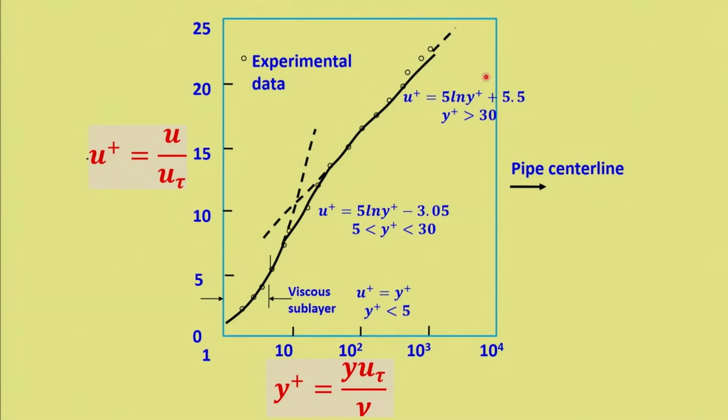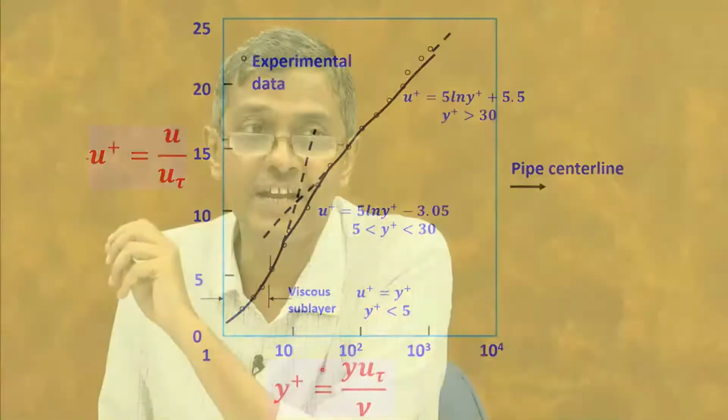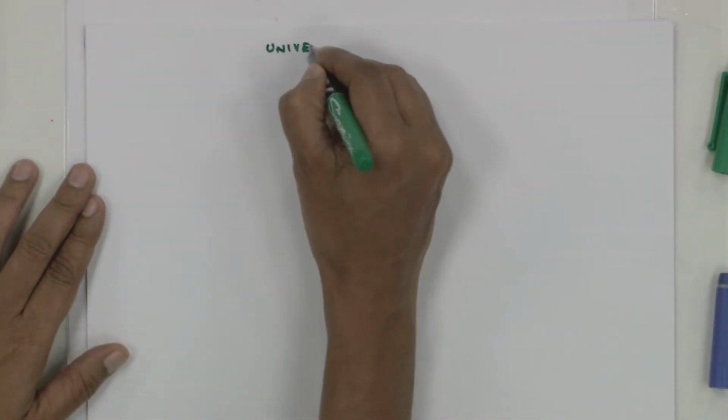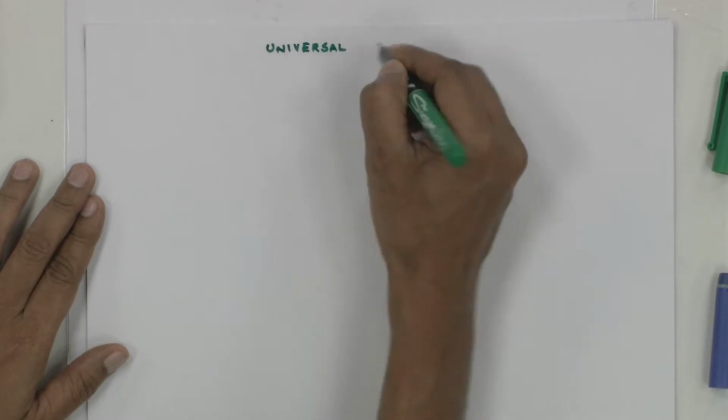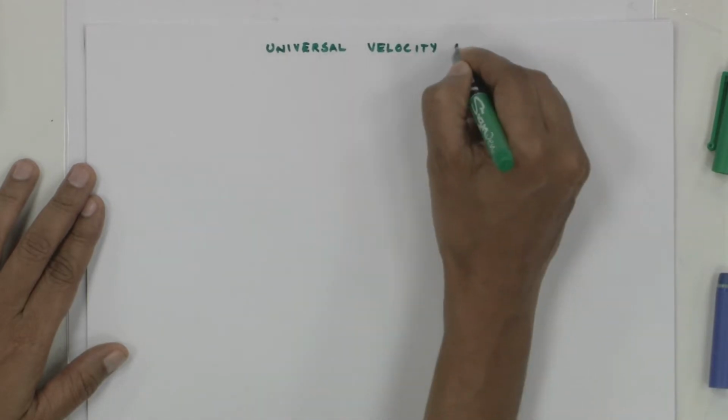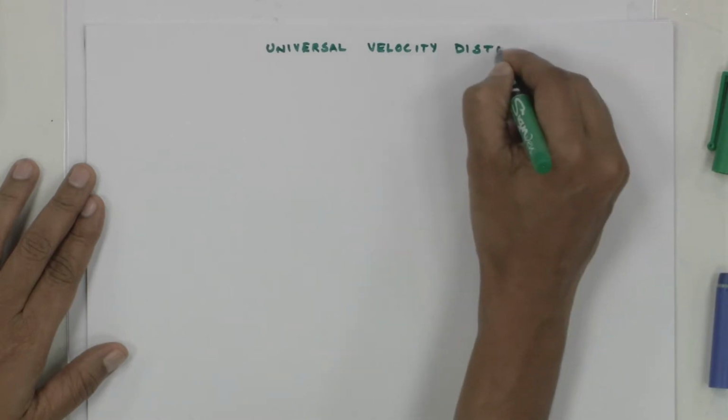I am not going to derive the 3 layer, I am going to derive the 2 layer and then infer from that how the 3 layer has originated. So let us get back to writing. Let us take up what is called the universal velocity distribution.